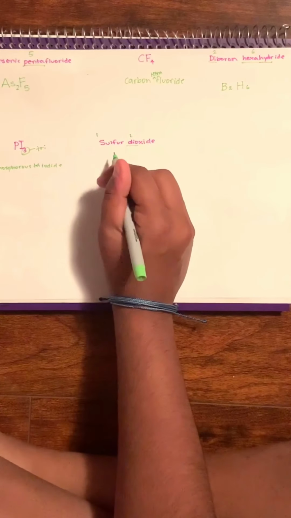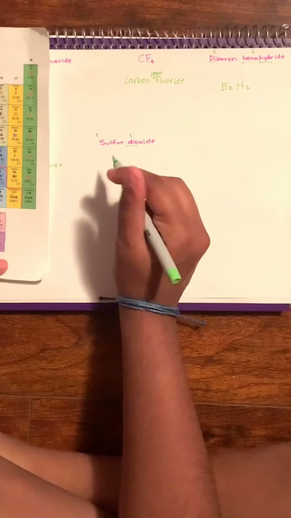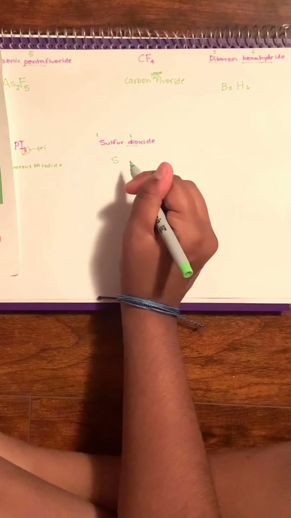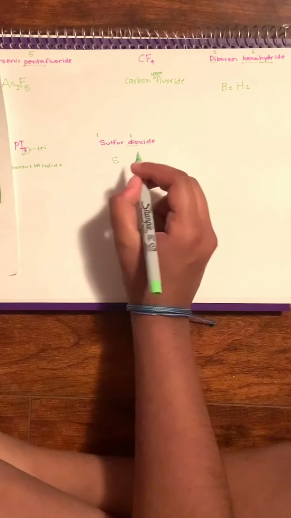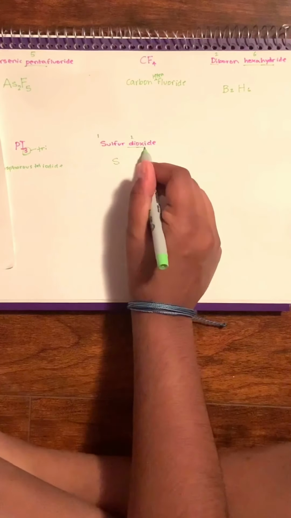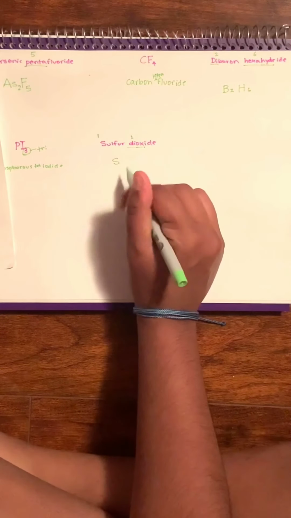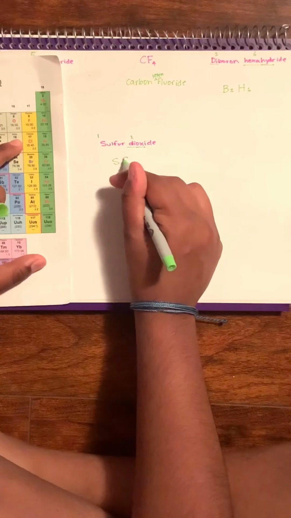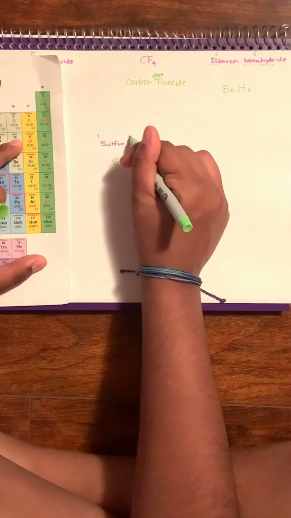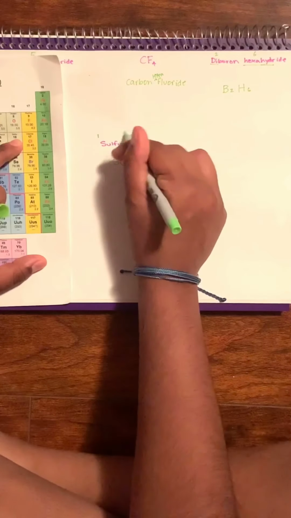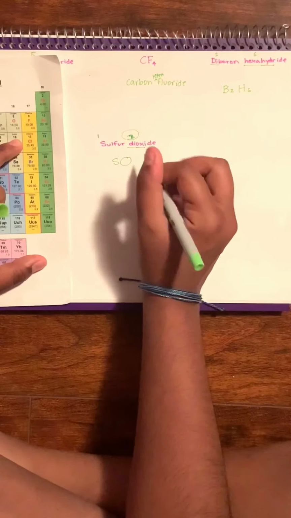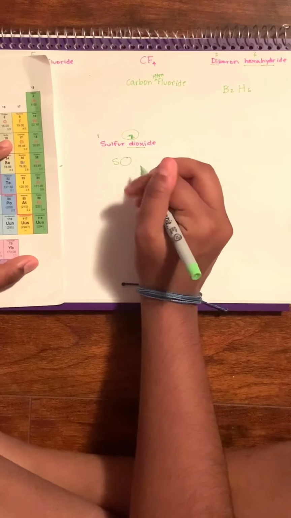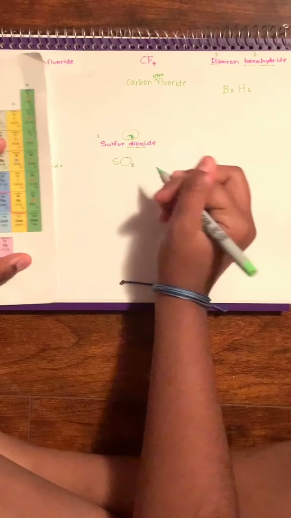We're going to look for sulfur on the periodic table, which is S. So S, 1, but we don't have to write that. And the second one, the oxide, is oxygen, which is O. Since the prefix is di, that means the subscript is 2. So now the formula will be SO2.